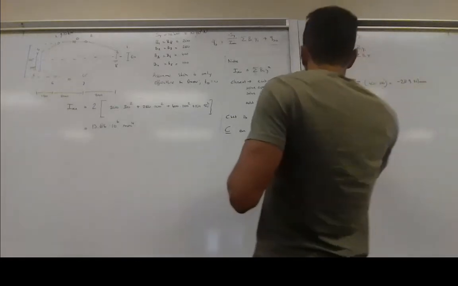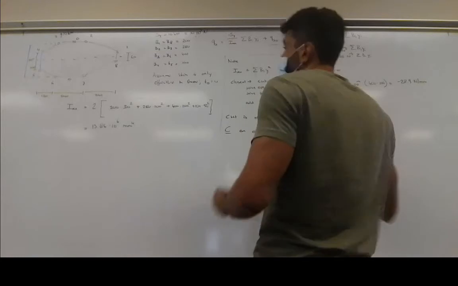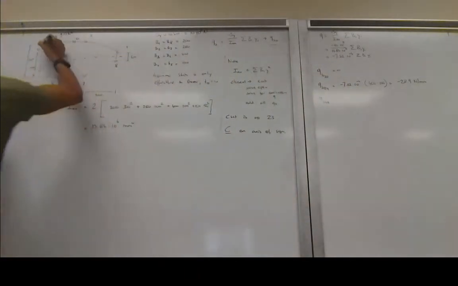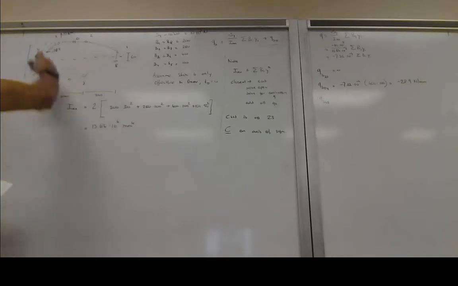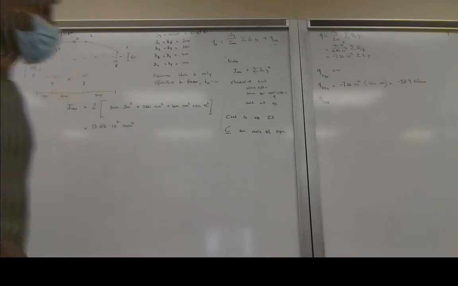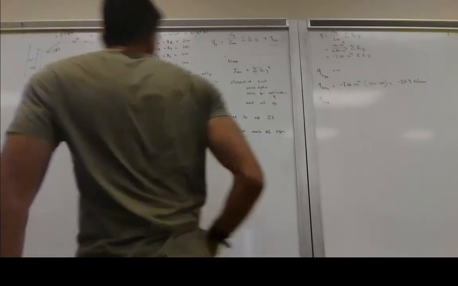And then we go to qB 4,5. At this location, let's draw it in. We have negative 28.9. Now we calculate 4 to 5. When we go from 4 to 5, we pass boom 4.